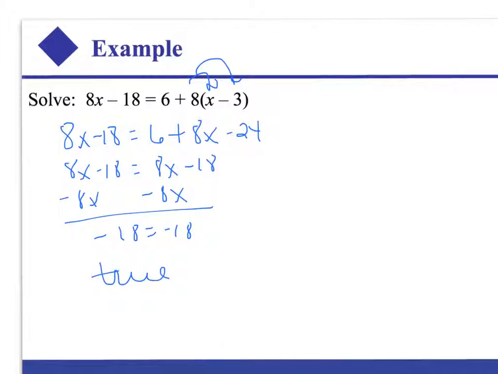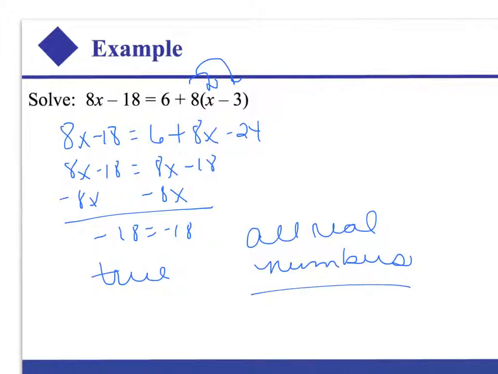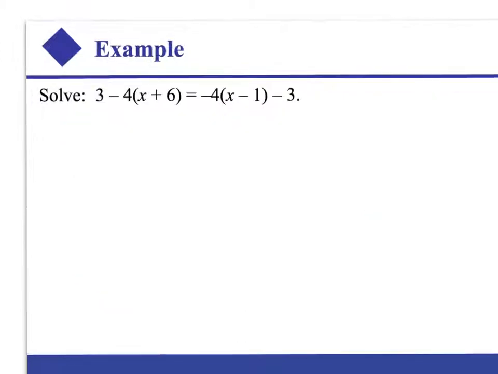This is called a special solution. So your answer would be all real numbers. It didn't matter whatever you plugged into x, it would balance out and work every single time. These are special cases.